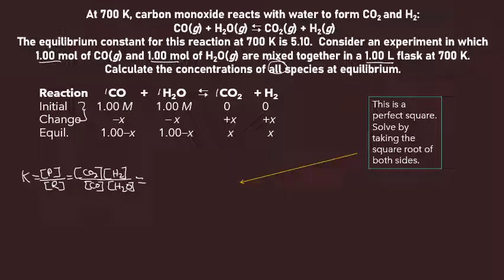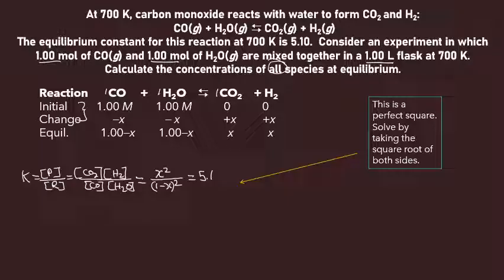Carbon dioxide is X and hydrogen is also X, so I can put X squared, divided by 1 minus X for carbon monoxide and 1 minus X for water vapor. So it is 1 minus X times 1 minus X, which I can write as 1 minus X to the power 2. And the K value is given as 5.1.